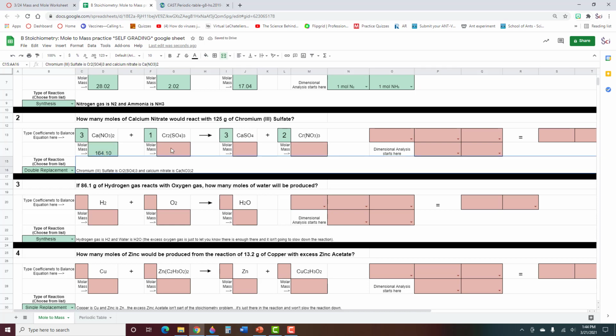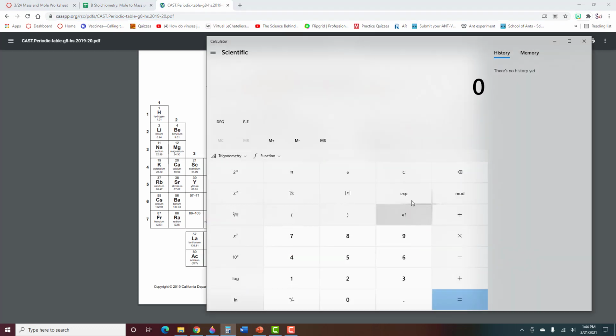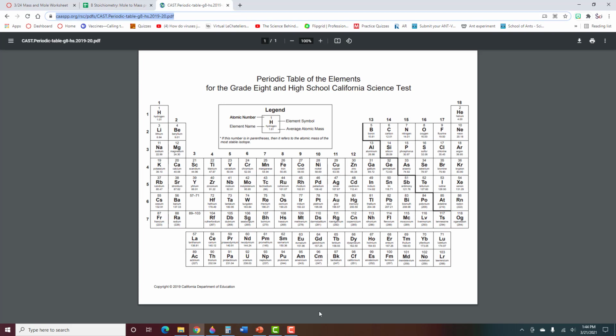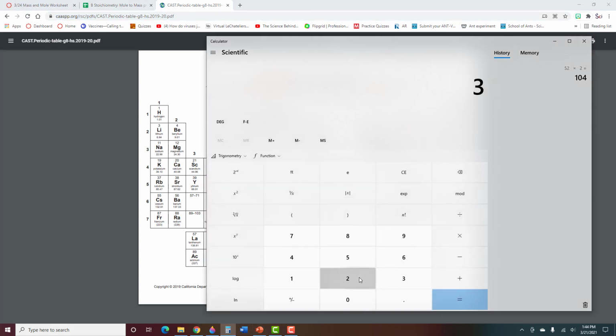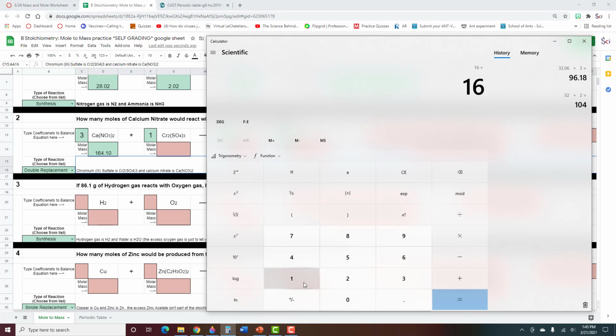Alright, so then Cr2(SO4)3. Cr is times 2, you go to the periodic table, chromium is 52, so that's going to be 52 times 2, and then add that to S times 3, so S is 32.06, 32.06 times 3 is 96.18, and then O times 12, because there's 4 here and 3 there, so that would be 16 times 12.